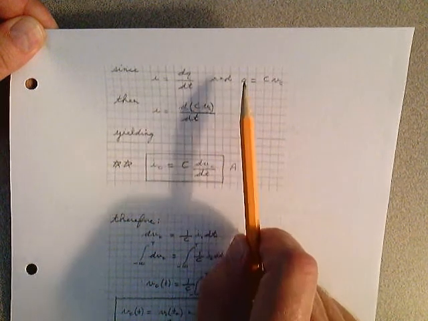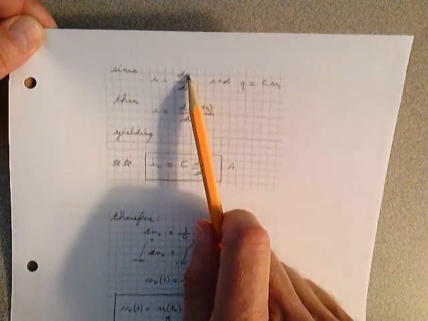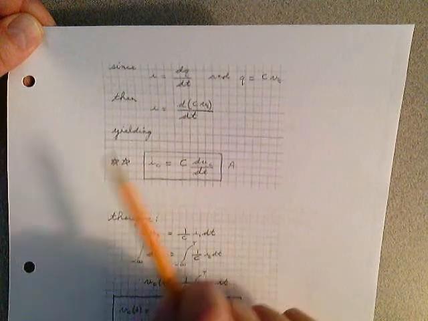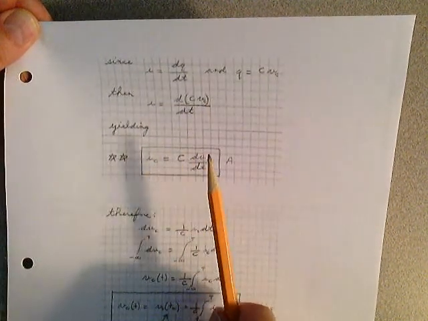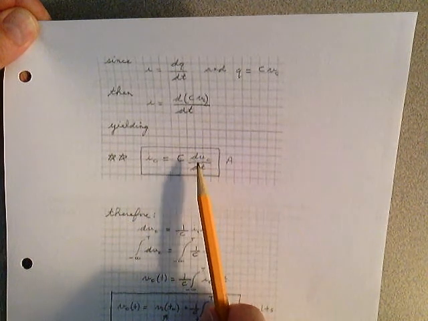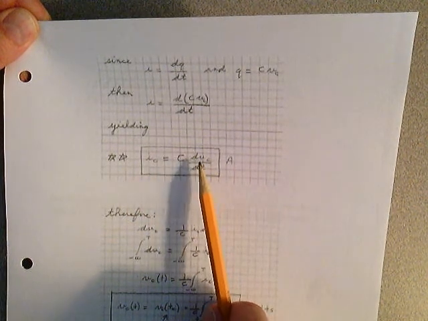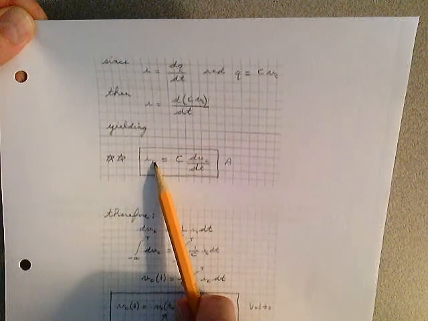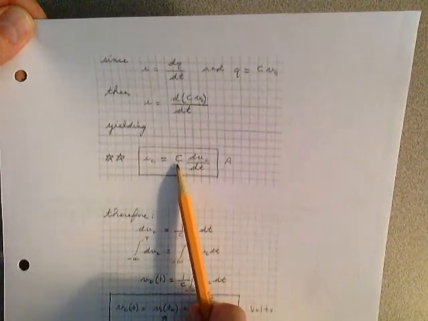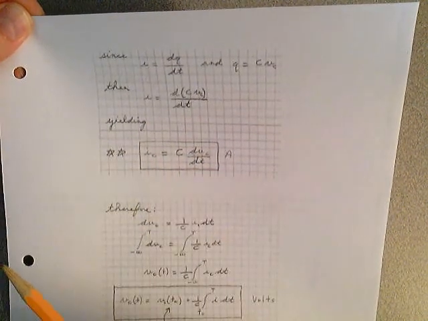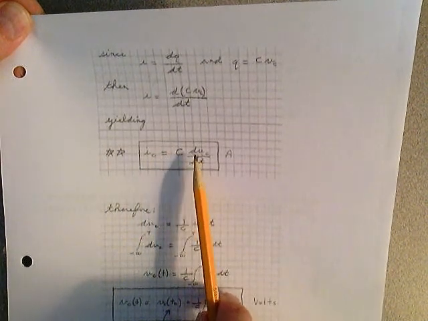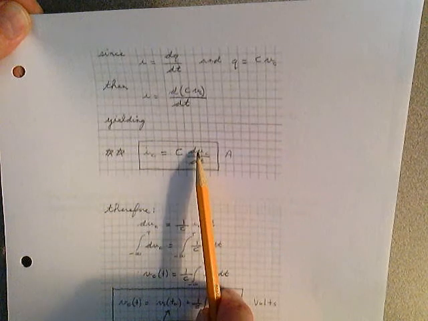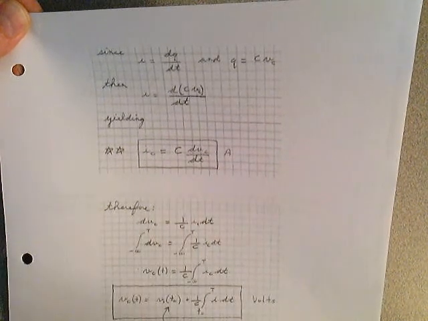I'm just making a substitution for Q in the first equation. That yields a very important equation you have to memorize as quickly as you can. We're going to use it much over the next 4 or 5 weeks. The current to a capacitor is equal to C dv_C/dt. In other words, the current to the capacitor is equal to the capacitance times the rate of change of voltage across that capacitor with respect to time.